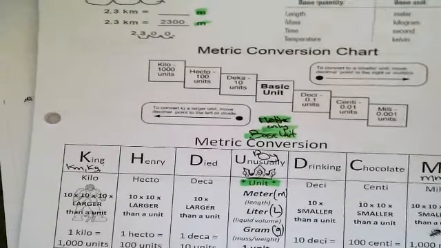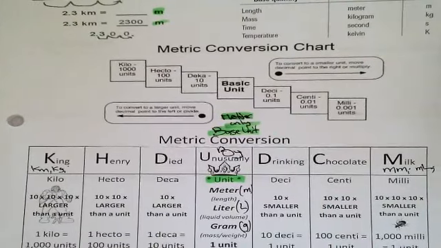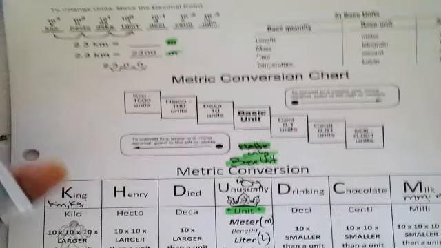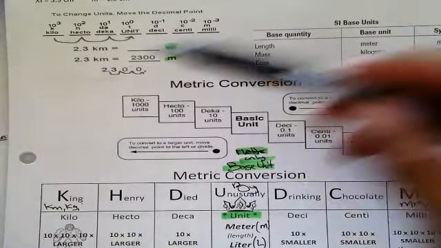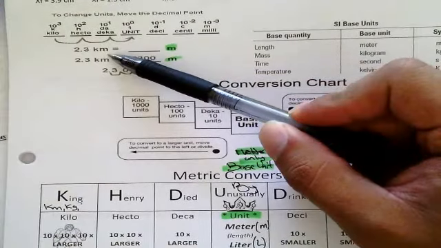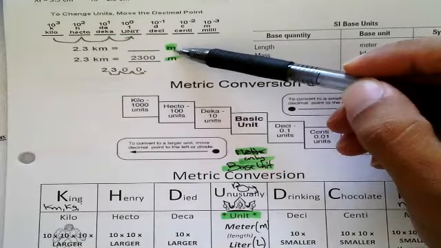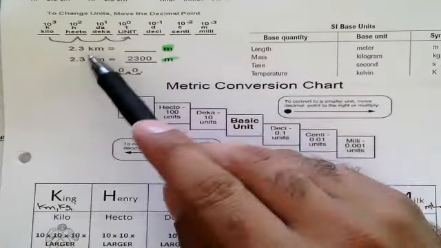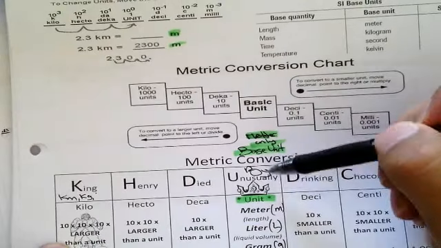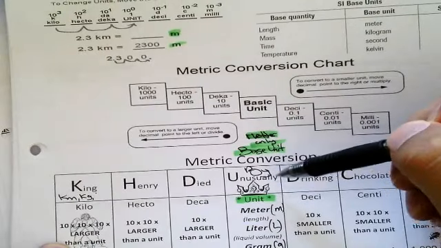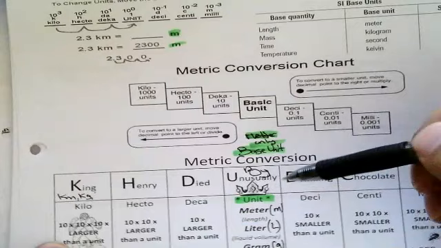All right, let's look at how this metric system conversion works. So the first thing you want to identify is, do you have 2 letters or do you have 1 letter? In this case, we've got 2 letters over here, and we're going to 1 letter, which means we are starting at the K, or kilo, in this tile, and we want to get to the 1 letter box, the base unit box.